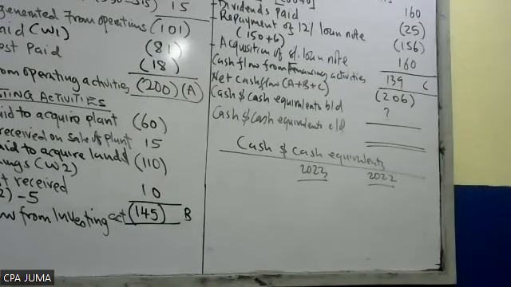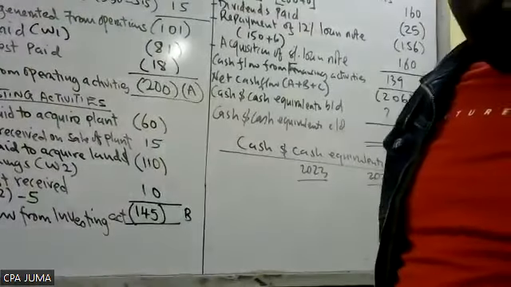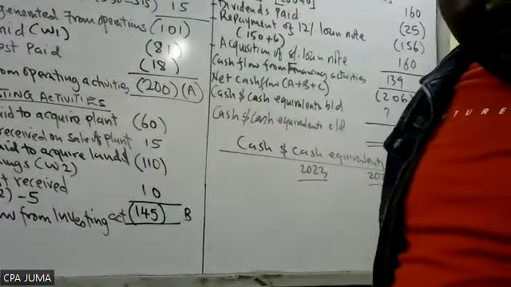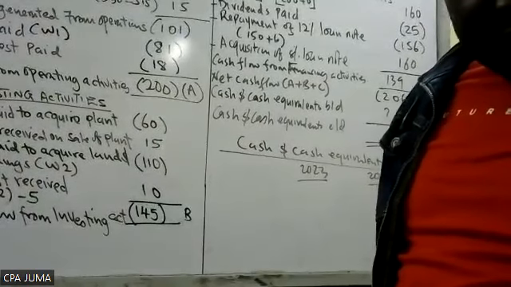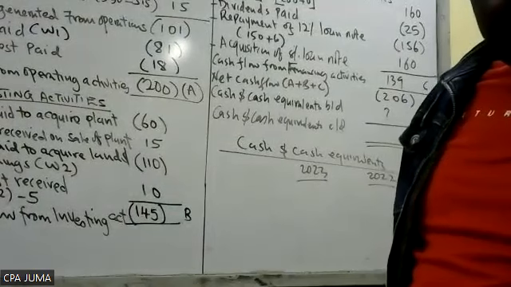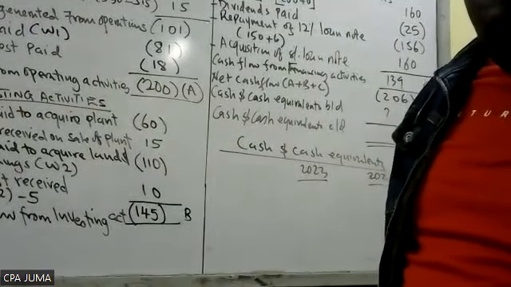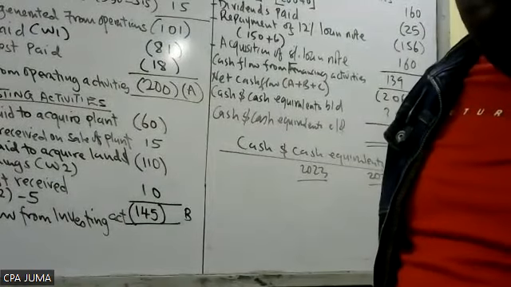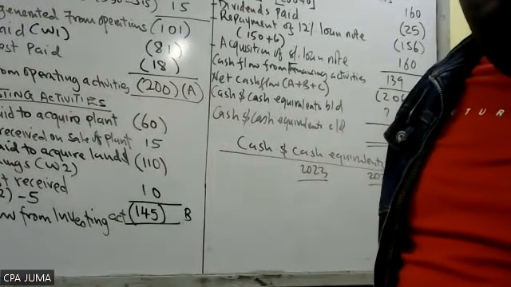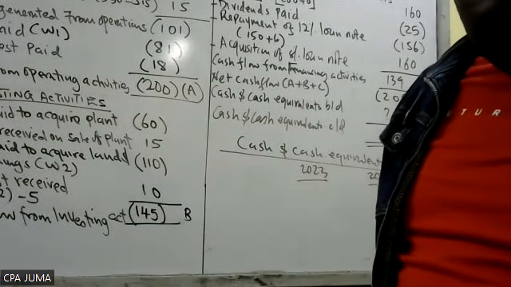For cash and cash equivalents, check current assets. Under current assets, you will be able to see bank. Bank, I'm seeing 15.